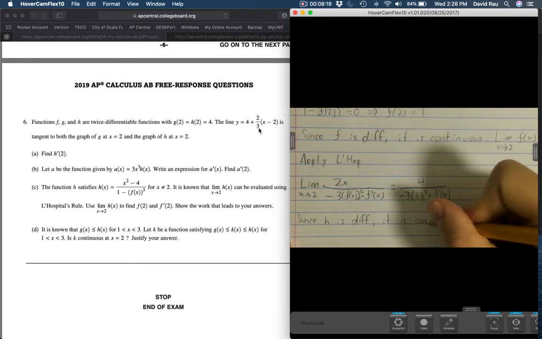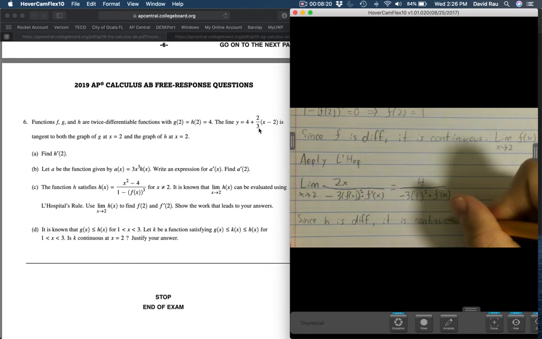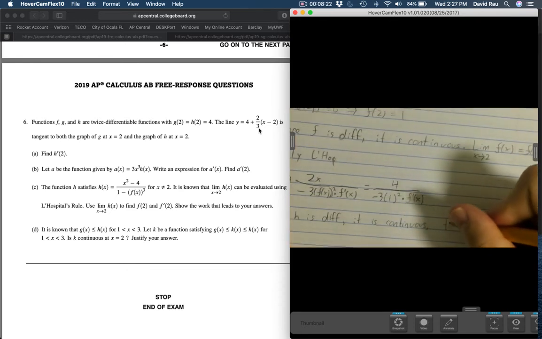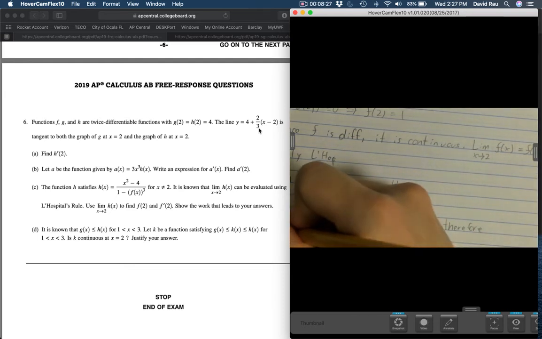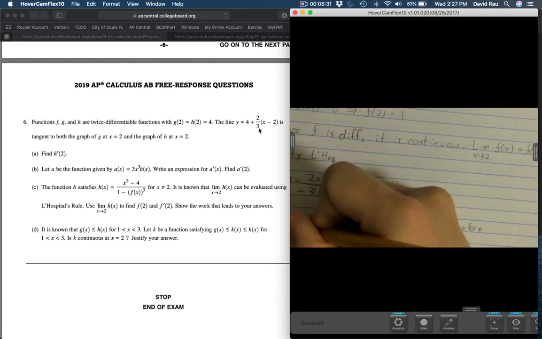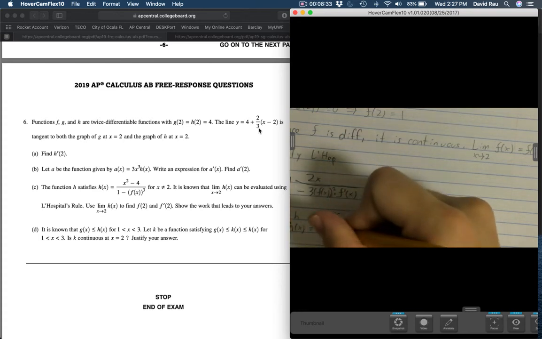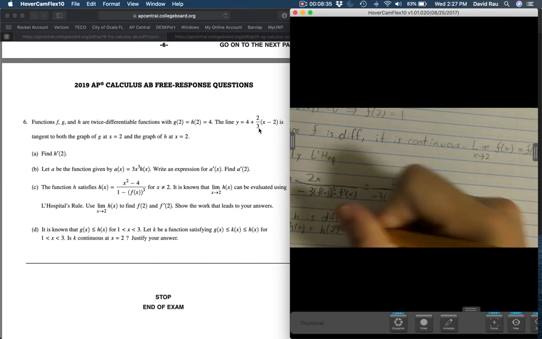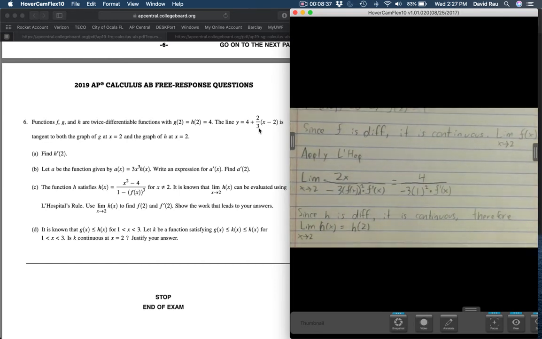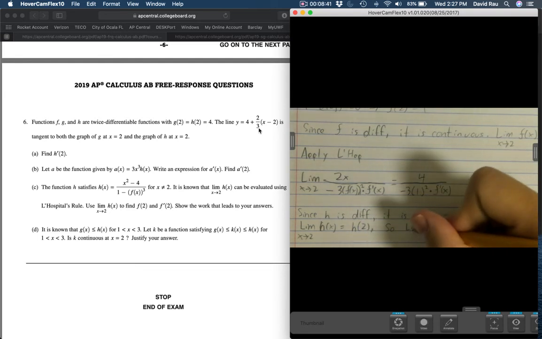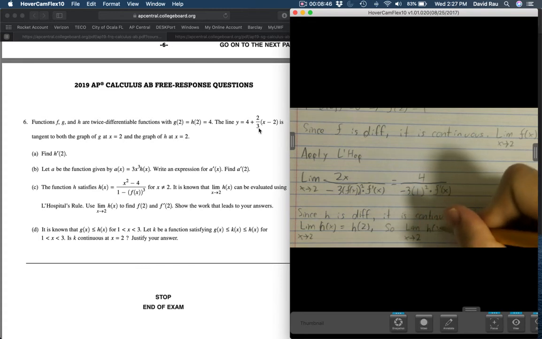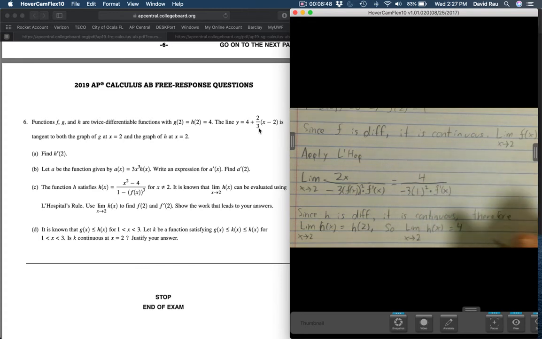It is continuous. Therefore, the limit as x approaches 2 for h of x is going to be equivalent to the value of h at the limit we want. So, the limit as x approaches 2 for h of x has to be 4.